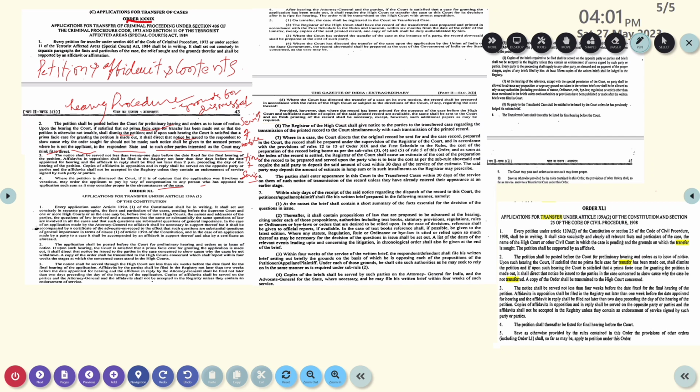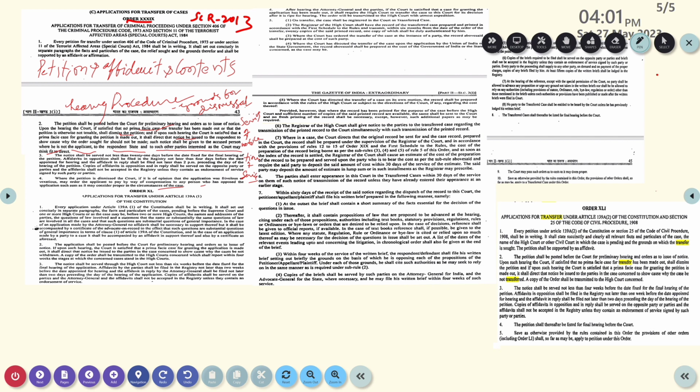We have to use Roman letters. Okay, there are 4 rules in this order. What are the 4 rules?